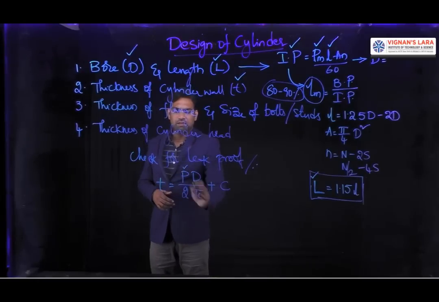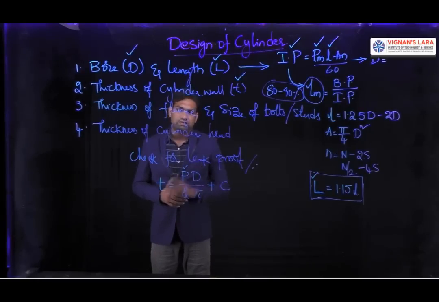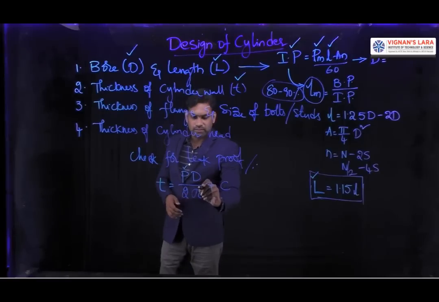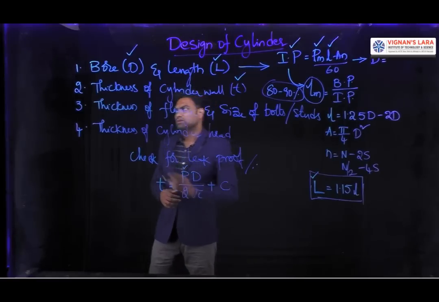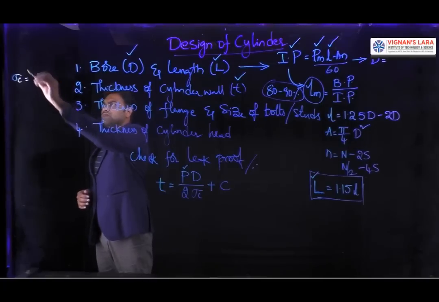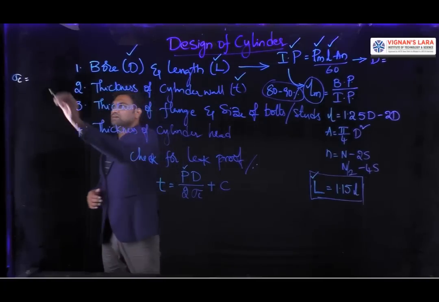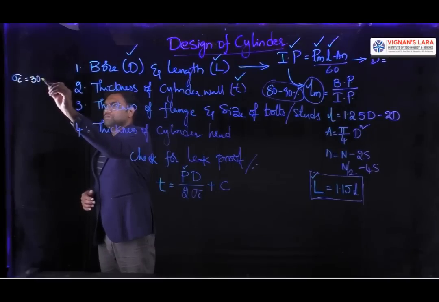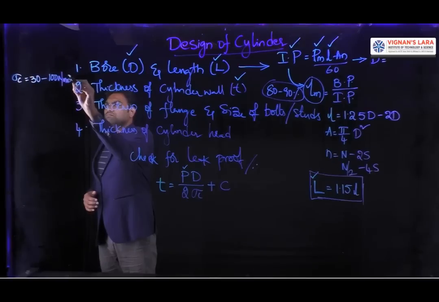Sigma C is the circumferential stress, that is the permissible stress for the cylinder wall material, which depends upon the type of material.